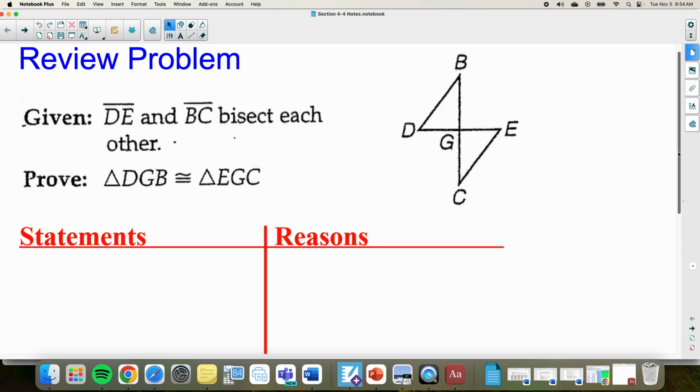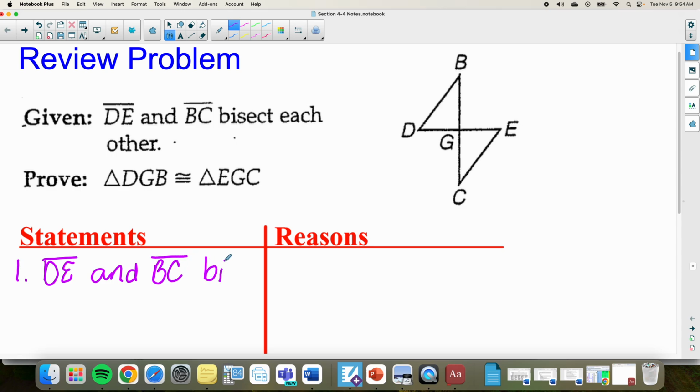So first I'm gonna just write down my given, and it would just be DE and BC. I usually use BIS for bisect, and then each other. Okay, and that is given.